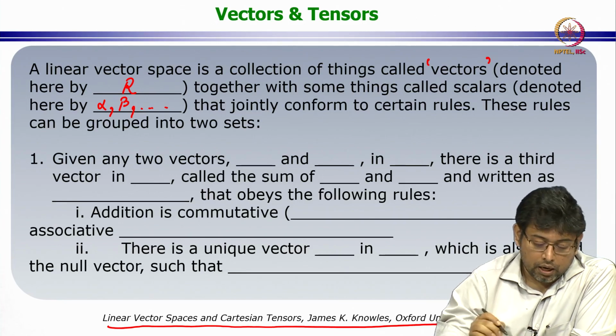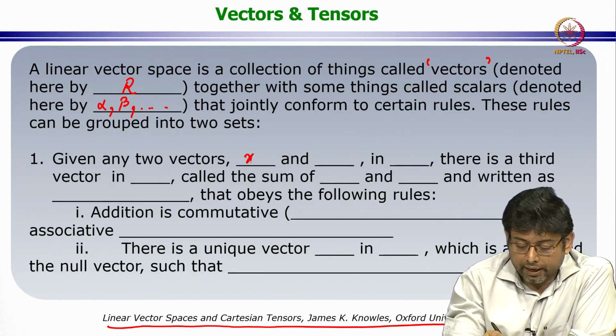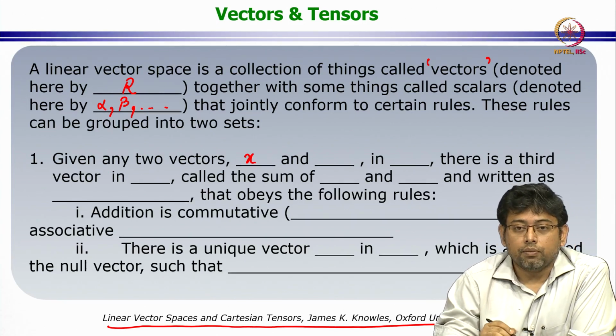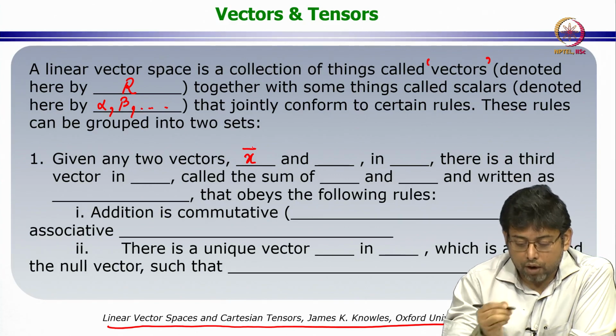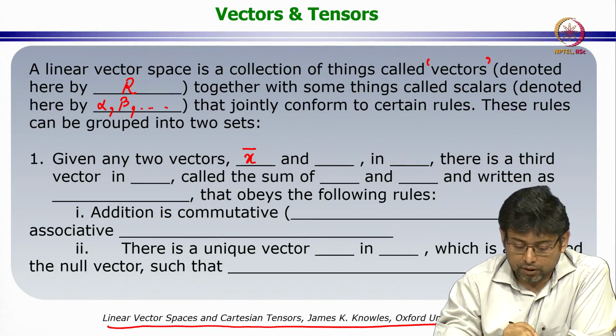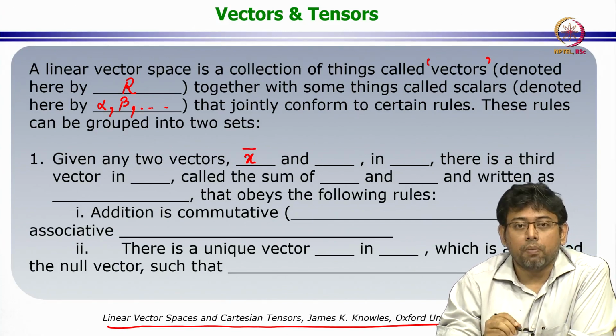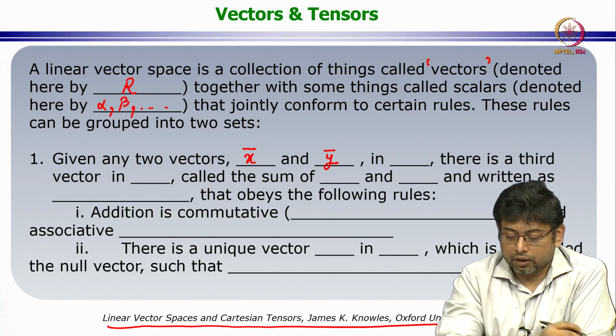So let us see, now we have given any two vectors, let us say a vector x is there. So that we are clear that x is a vector, I will put a bar over it, and I will try to be consistent all throughout these lecture notes, so that I put a bar over x or any other thing when it is a vector to denote it as a vector.